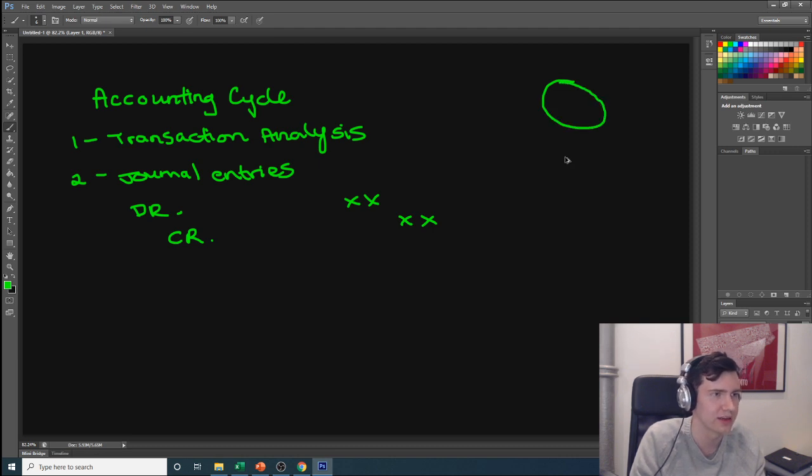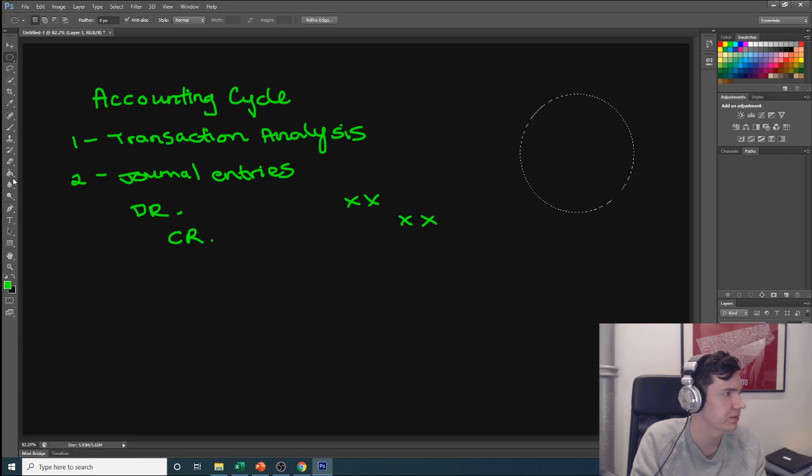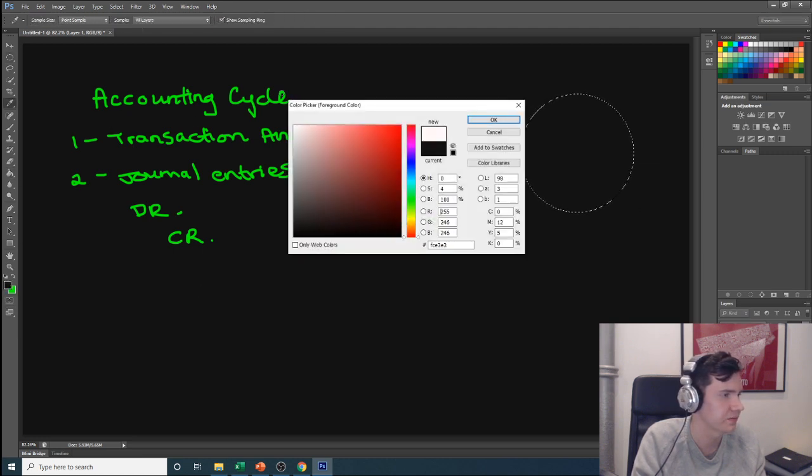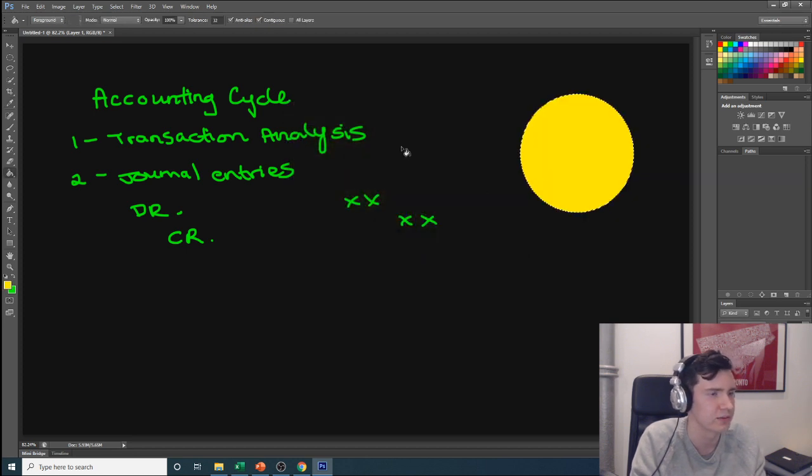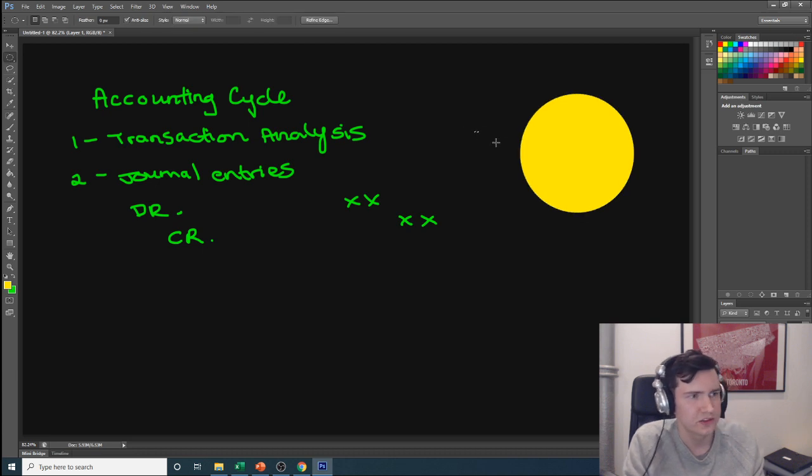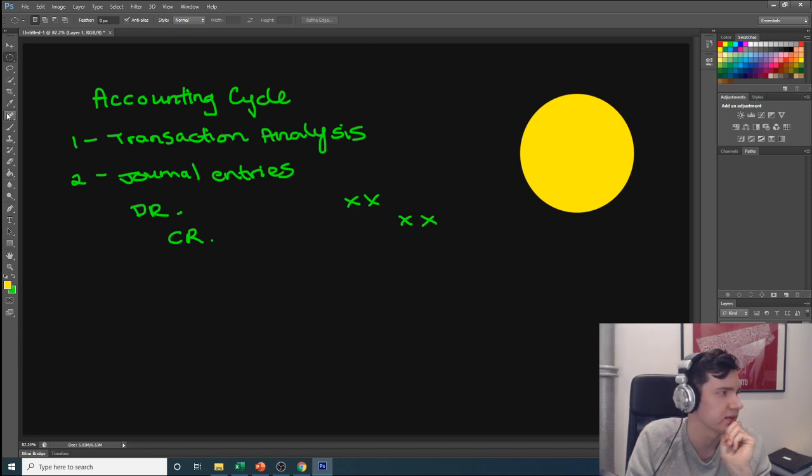God, this tablet is really bad. I do apologize, and I will get a better one next time. You know what? I'm going to use shapes because that's much easier. Let's see. What's a pie color? We'll use yellow or something. Whenever I want to think about assets, liabilities, and equity, I try to think about this.